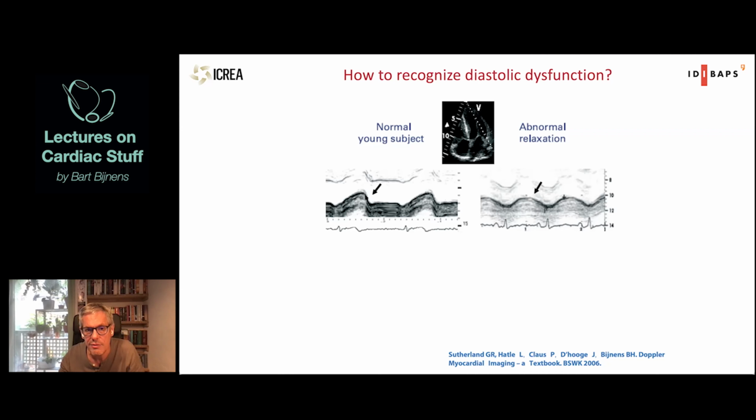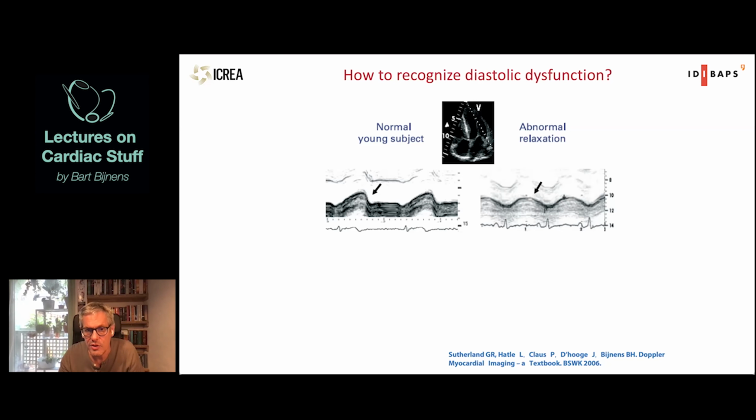And what we see is a very fast springing back of the ring. You see that the velocity of the ring during the shortening is much slower than during the relaxation. So contraction is slow. In normal cases, early relaxation is really fast. This is this kind of spring effect that we have.